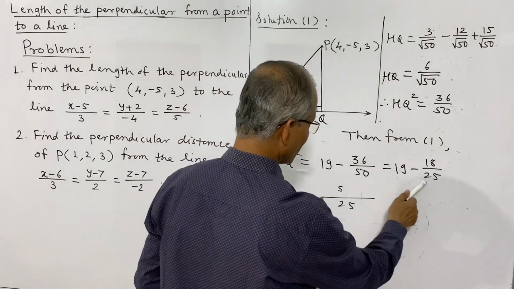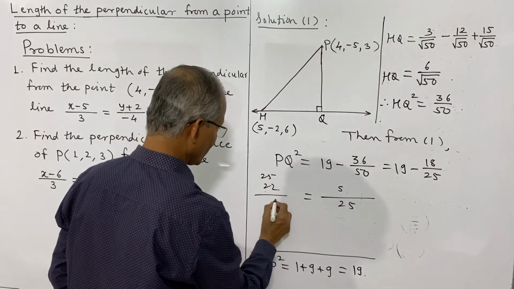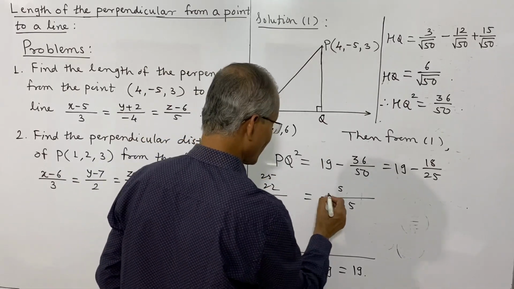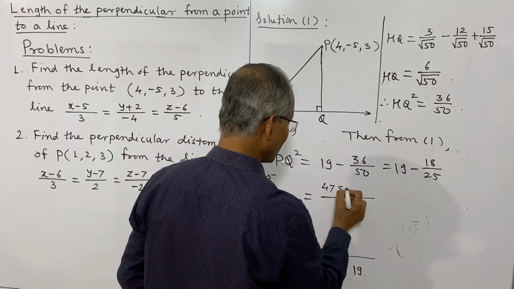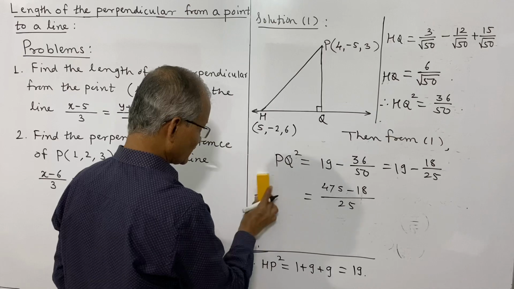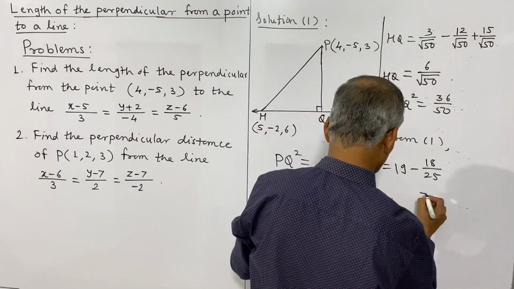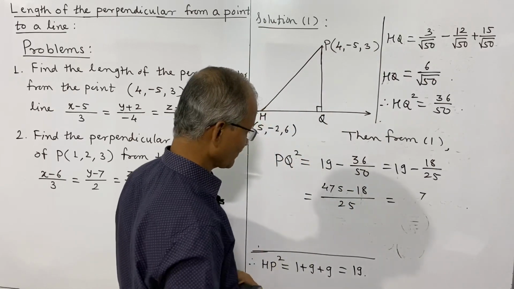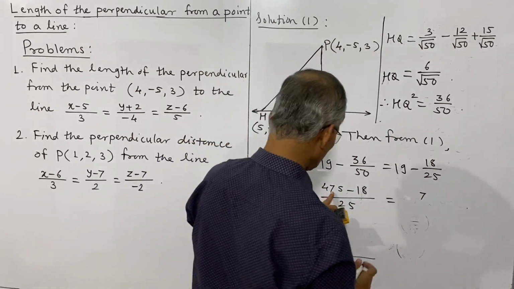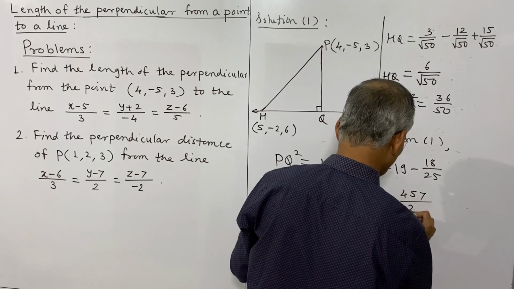225, and 25 plus 22, that will be 475 minus 18, and this will be equal to 457 divided by 25.